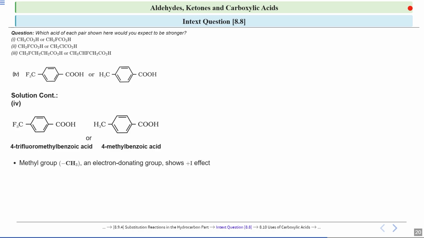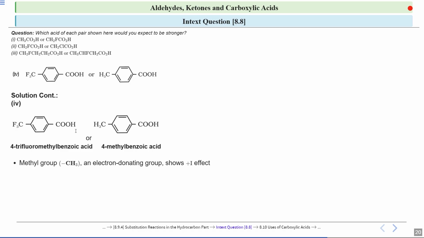Now, if we talk about the methyl group, this group is an electron donating group, meaning it pushes the electron density towards the rest of the molecule. We call this the +I effect, or positive inductive effect. This influences the stability of the conjugate base after the acid donates a proton.